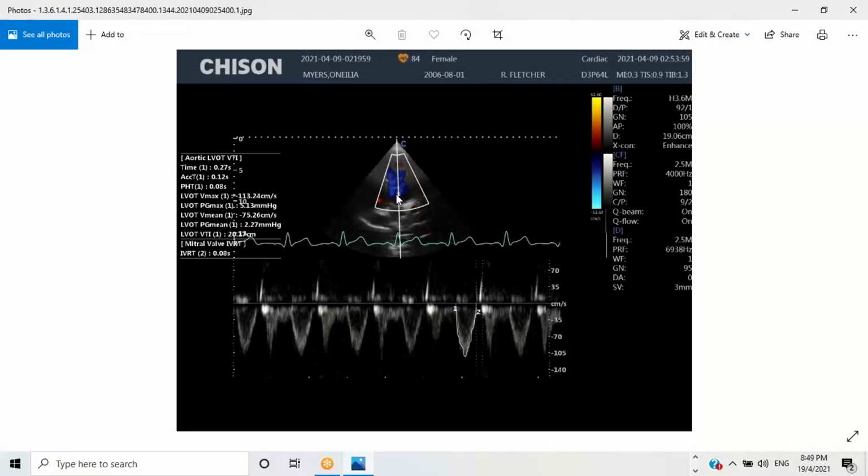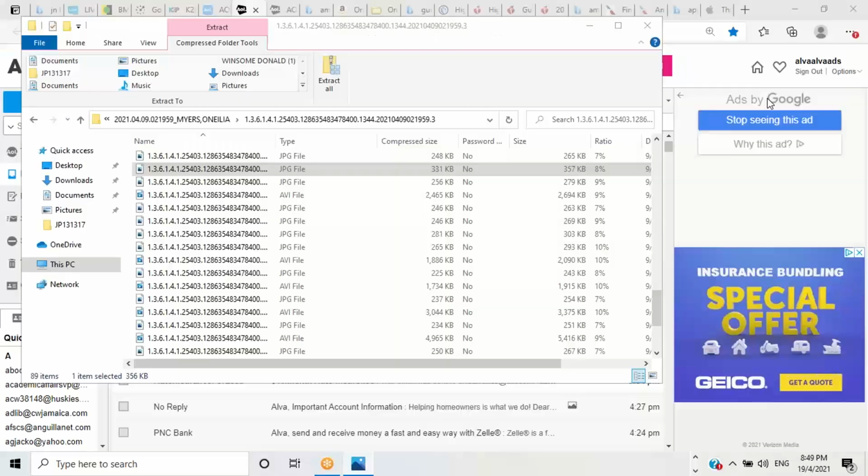So again, the left ventricular flow tract, the sample volume, the cursor, and you get a systolic envelope. So this is the left ventricular flow tract, and it's a PW measurement.